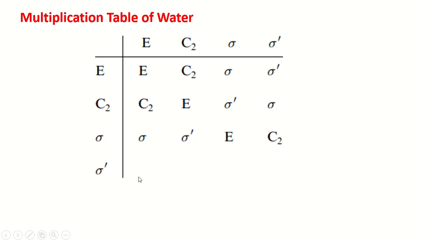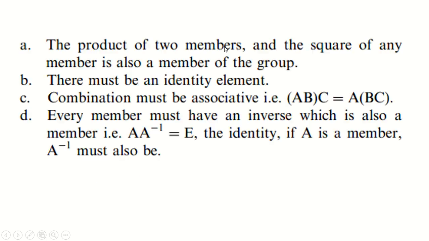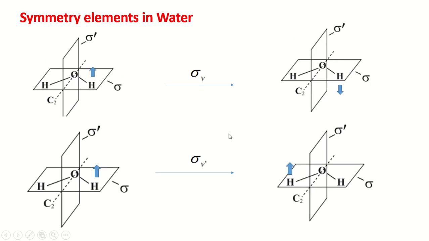So here is sigma dash and then sigma. What happens when we apply sigma dash then sigma? First is sigma dash, and the resultant would be like this, and then we apply sigma.